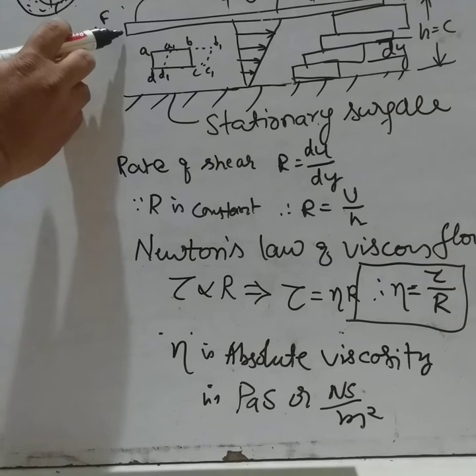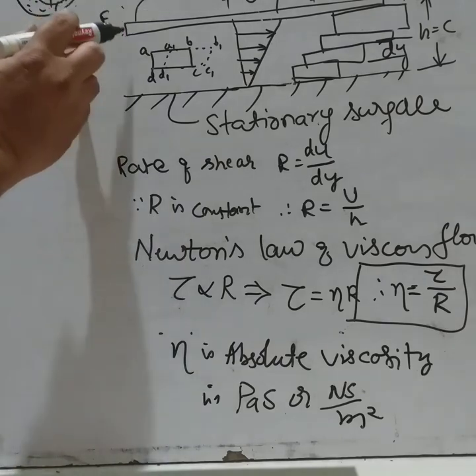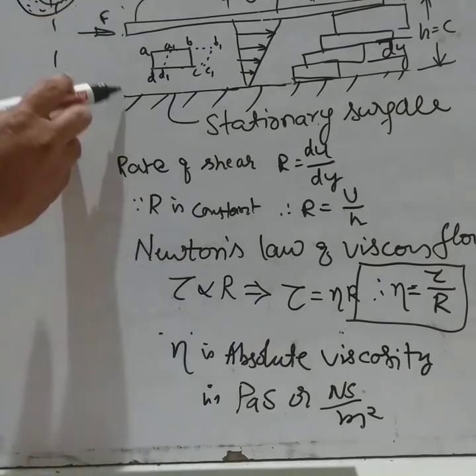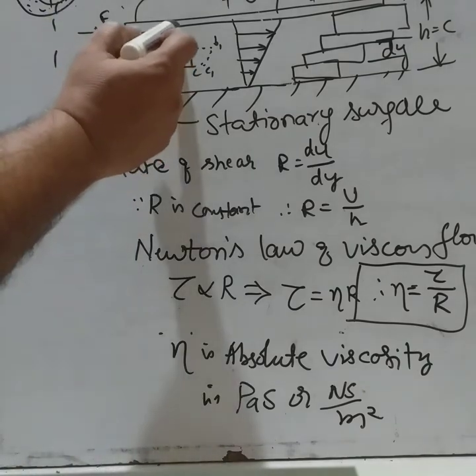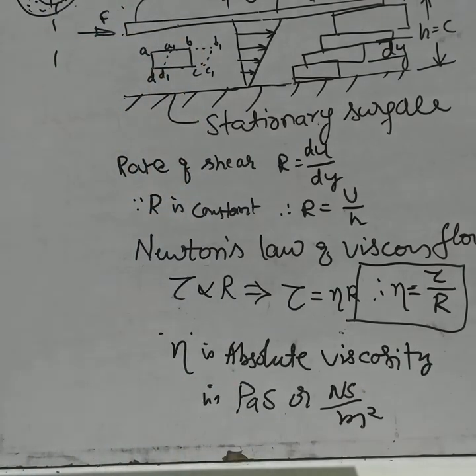So what is the moving surface? This is the part of the journal, and this is the stationary surface, which is the part of the bearing. Between the moving surface and the stationary surface, we have the fluid present.